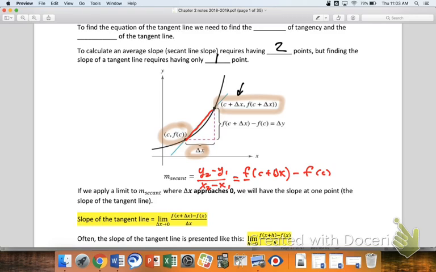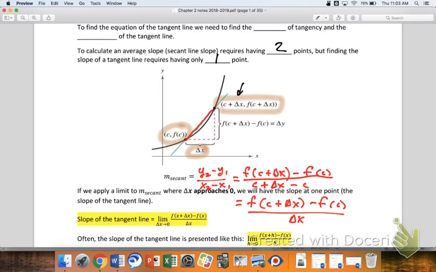And then x2 would be c plus delta x, minus x1, which would just be c. Can you see how in the denominator the c and the minus c would add out to be 0? So then we could say the slope of the secant line is f of c plus delta x minus f of c, all over the result of that denominator, which is just delta x.